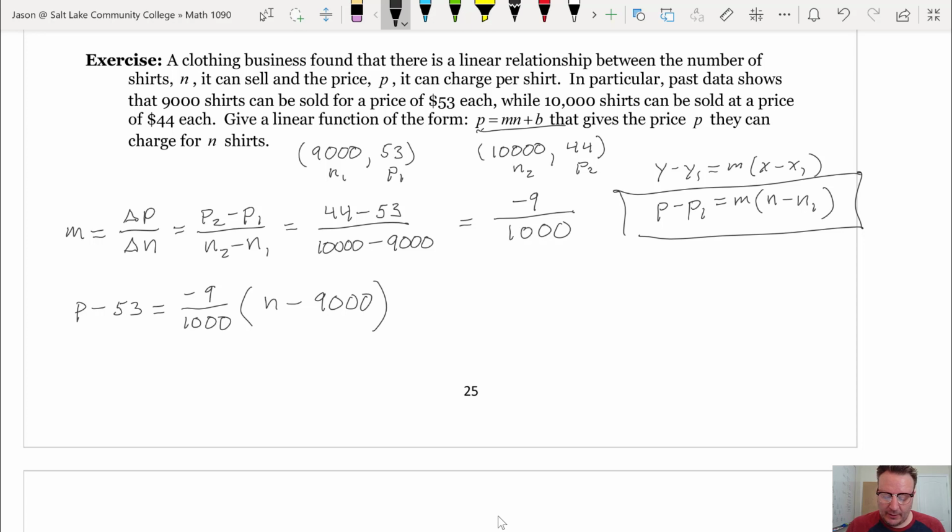First step I'm going to do is distribute that negative 9 over 1,000 to both terms in the parentheses, and I get negative 9 over 1,000 times n. And then when I multiply negative 9 over 1,000 times 9,000, if you're unsure, just write it out. When in doubt, write it out.